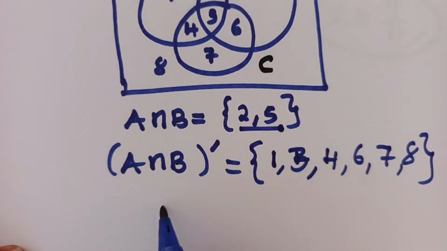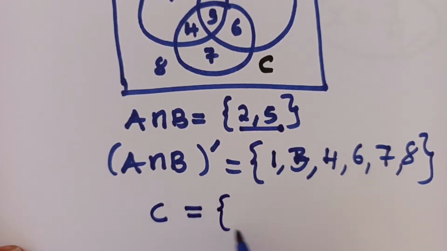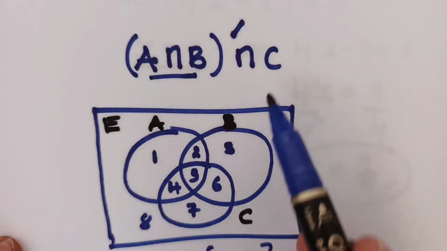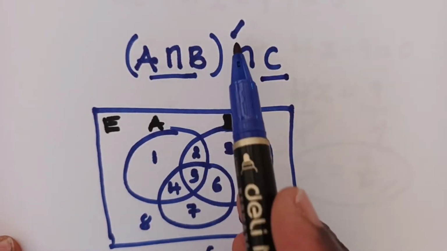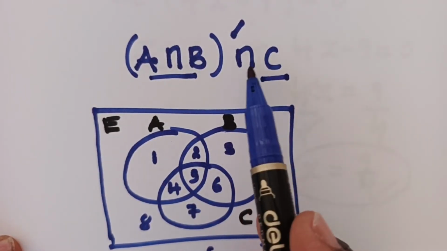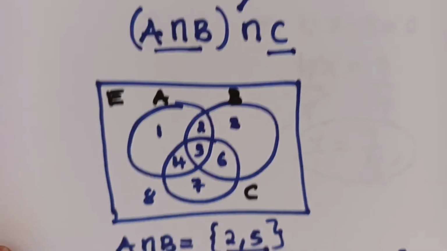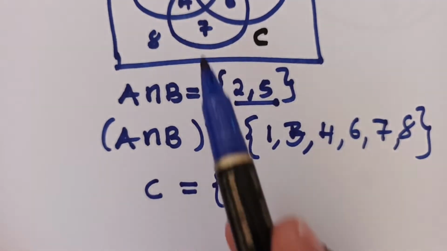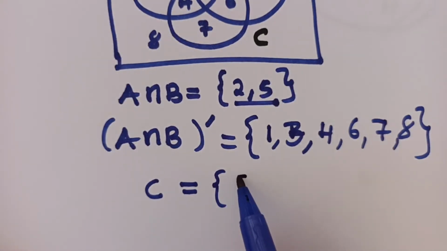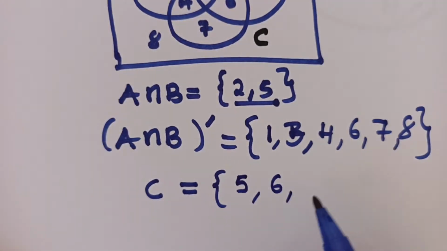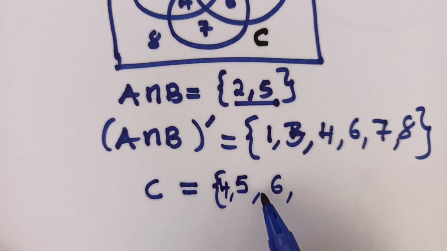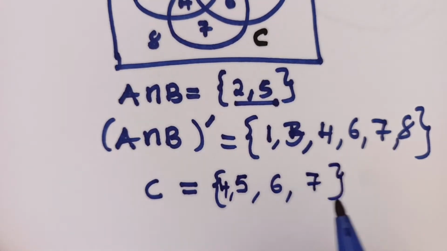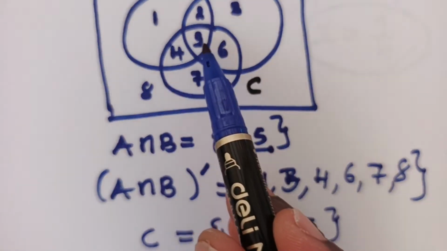The next thing will be to find set C, because it's here, intersect C. I've found now A intersect B complement. Next is to find set C. Everything that is in C: 4, 5, 6, 7.